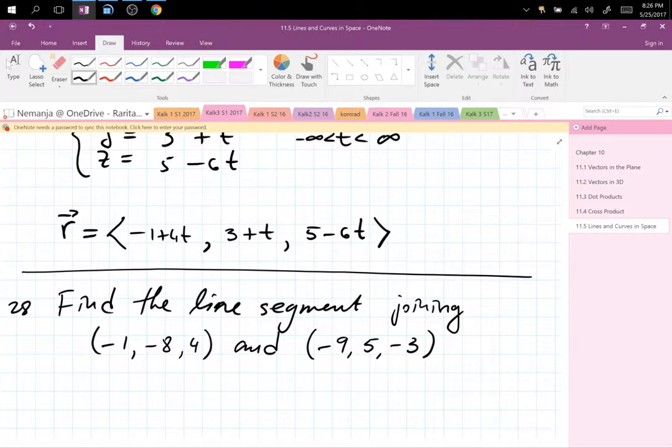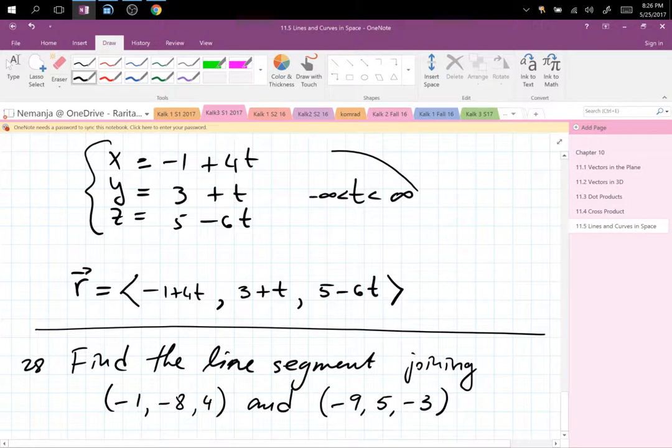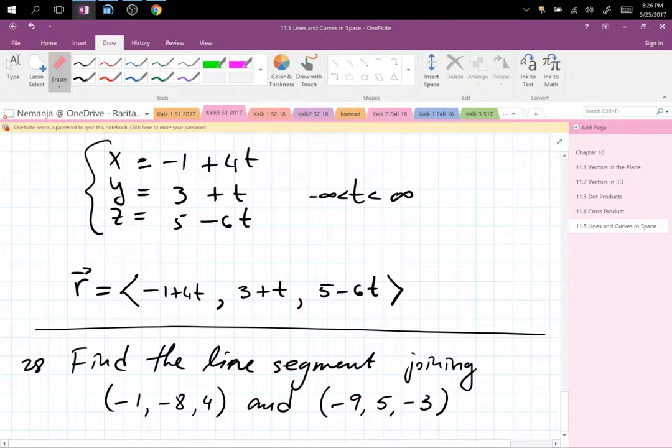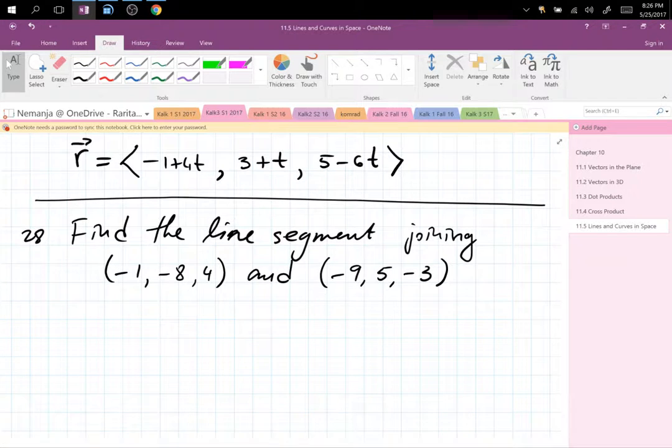Except now, this condition will not be there. You are going to have maybe, I don't know, from 5 to 8 or from -1 to 7. You are going to have values for t which would create line segments stretching between these points. So you will have to figure that in addition.